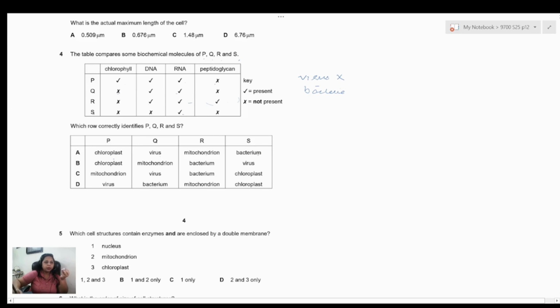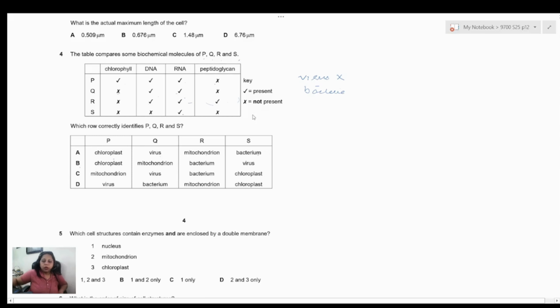If chlorophyll is present, it would be chloroplast. So the option can be A or B. Number two, they have DNA and RNA. In viruses, only the genetic material is present, so it can be virus and it can be mitochondria as well. Number three has peptidoglycan, which is very sure for bacteria. So the correct option is B, according to what is given to us.